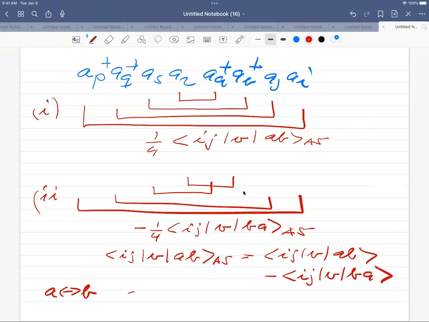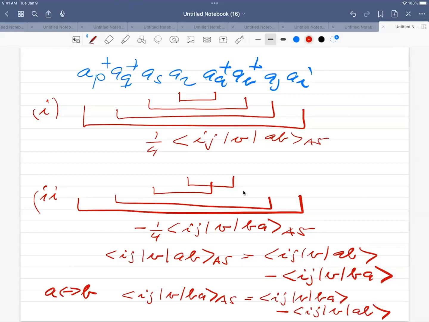Then you have IJ, V, BA anti-symmetrized, and that is the same as IJ V BA minus IJ V AB. And if you look at that one, that is the same as minus IJ V of AB anti-symmetrized.